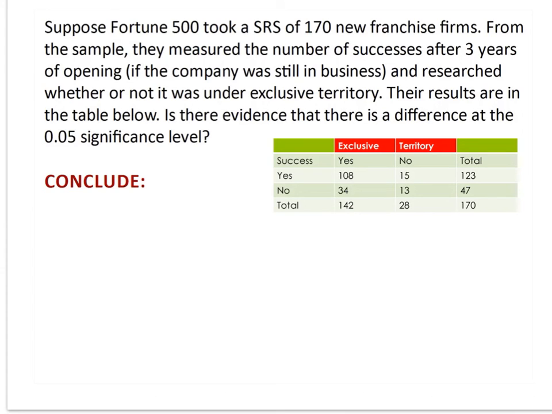So for the conclusion, it says, is there evidence that there's a difference at the 5% significance level? Well, if alpha is 0.05, and I know that my p-value is 0.015, my p-value is less than alpha.